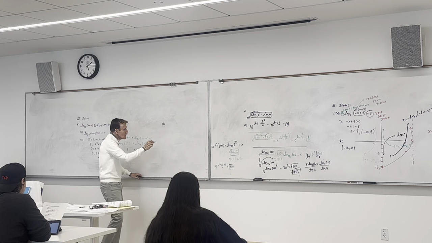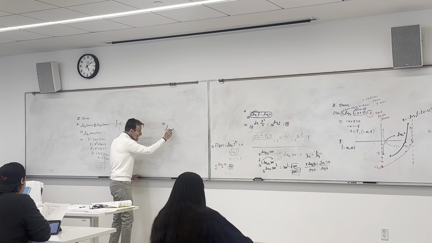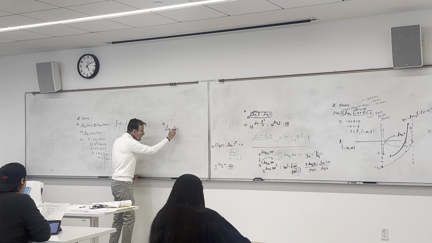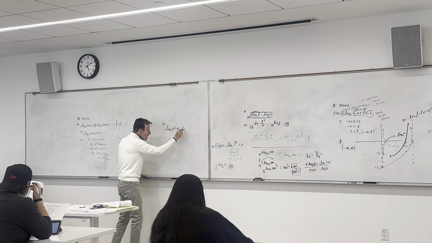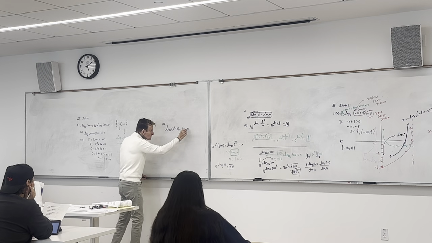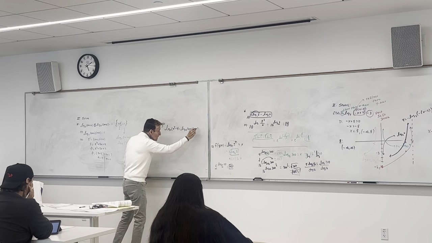Log base 4 of x squared minus 9, minus log base 4 of x plus 3, equals 3. Oh, this is going to be cute. Now guys, if you want to jump right into it, I see a subtraction sign. And that subtraction sign implies which property? The quotient, division.